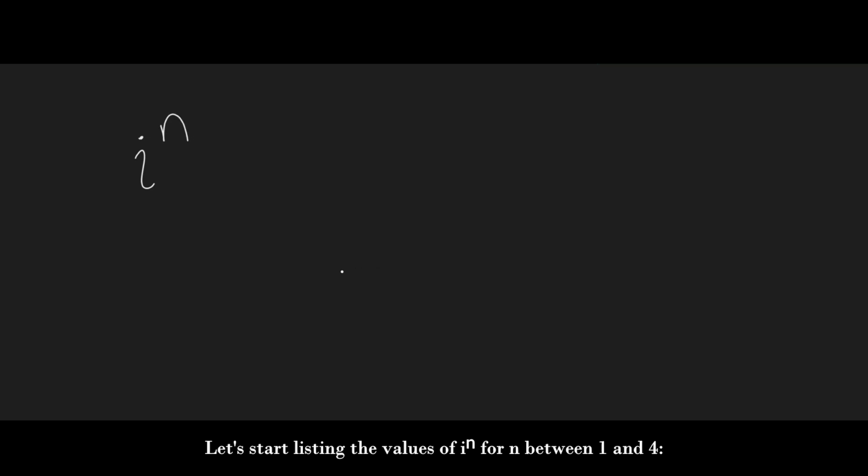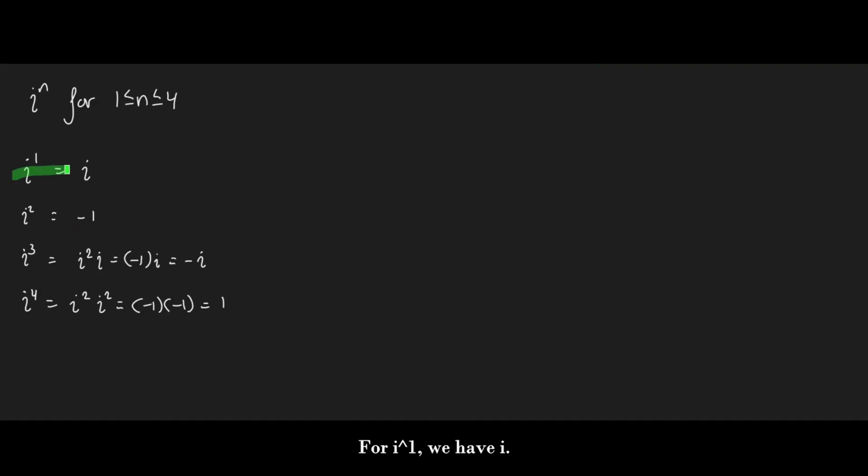Let's start listing the values of i to the n for n between 1 and 4. For i to the 1, we have i, and for i squared, we have -1. We know these two already. For i cubed, it can be rewritten as i squared times i, which equals -1 times i, and then equals -i.